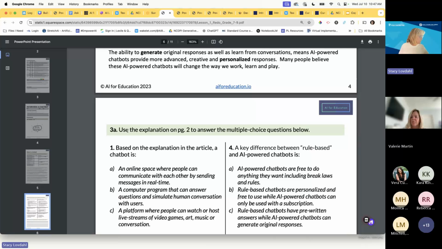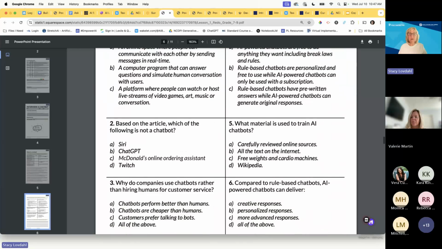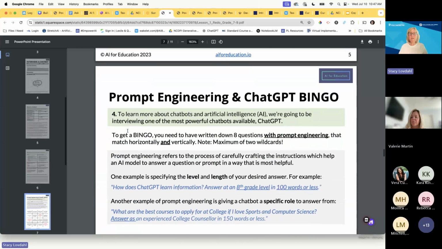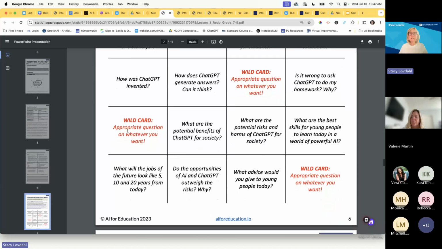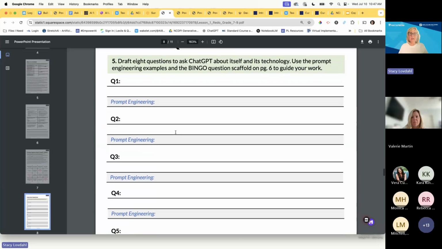One of the ones that I used the first time that I tried it out was the celebrity heads activity, where after you interview the chatbot in lesson 2, they have you do a game where you interview a celebrity, where ChatGPT plays the role of the celebrity and you have to guess who it is.